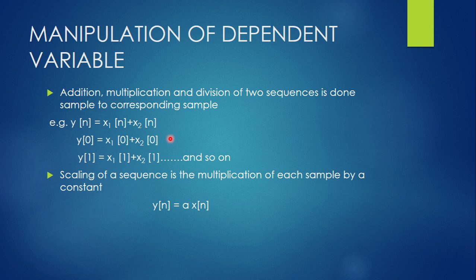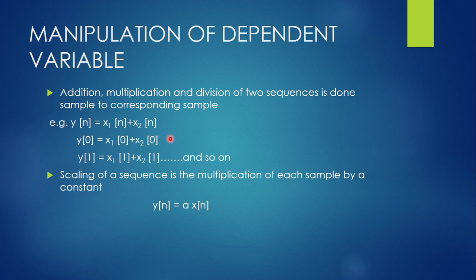So in operations, we will have two types. One on the independent variable, that is time shifting, folding, down sampling and up sampling. In the operations on the dependent variable, it is quite simple.